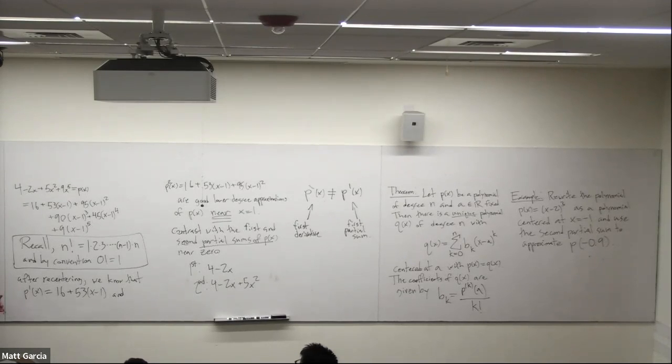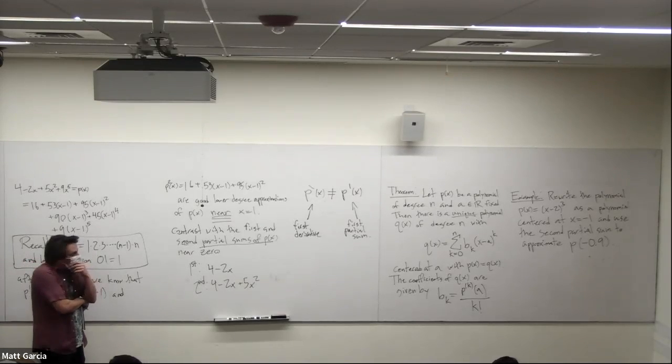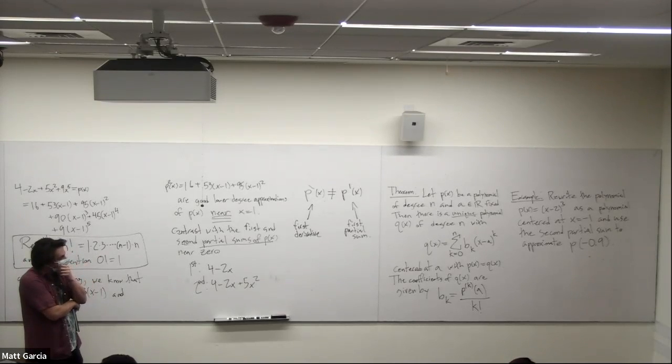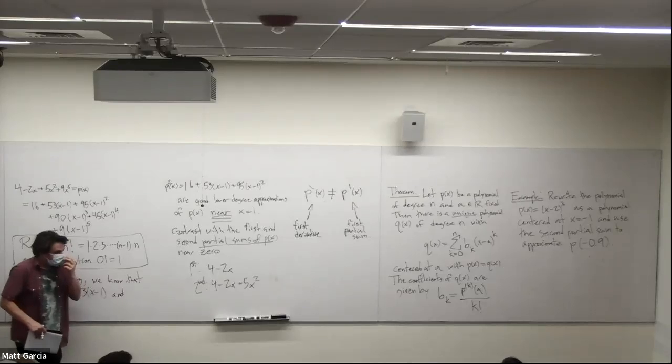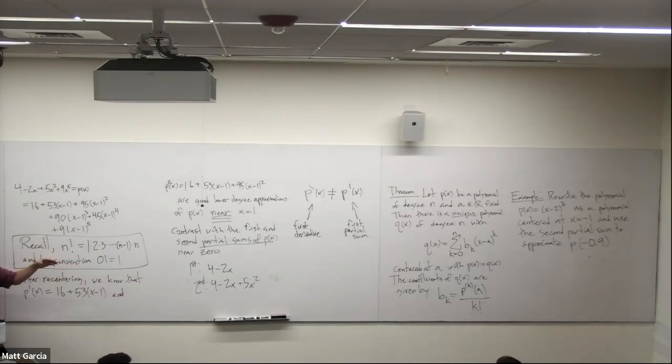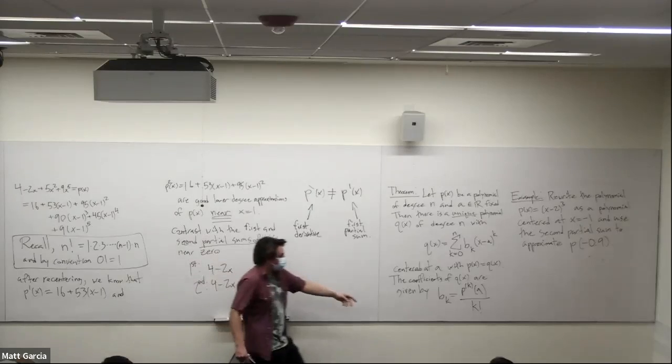Okay, don't worry if you didn't finish, that's fine, but let's walk through this together. So you tell me what to do. What's the first thing that we should do in this situation? Yeah, you take derivatives. The reason that we went through the example in the order that we did is so that we could deduce this formula.